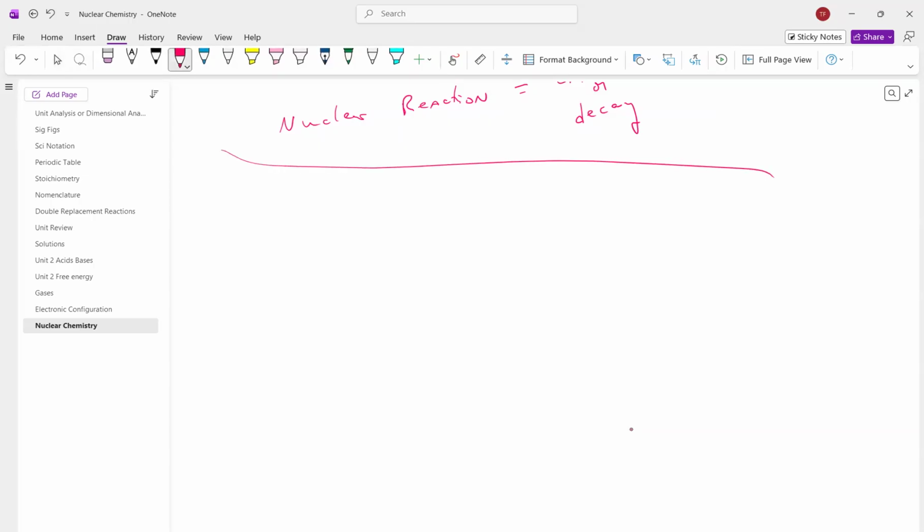There are all kinds of ways to measure radiation, and the lab goes into that in excessive detail.